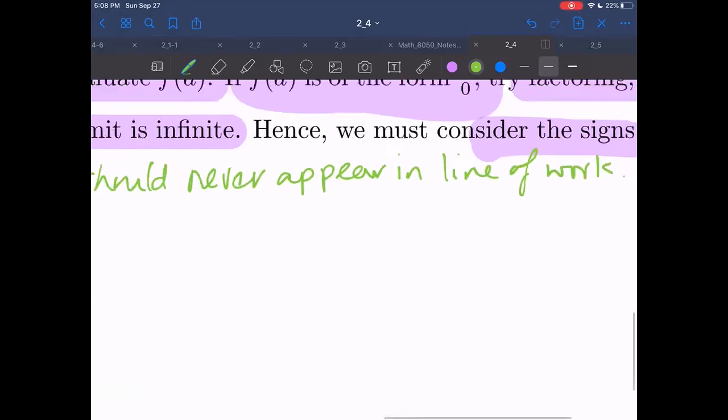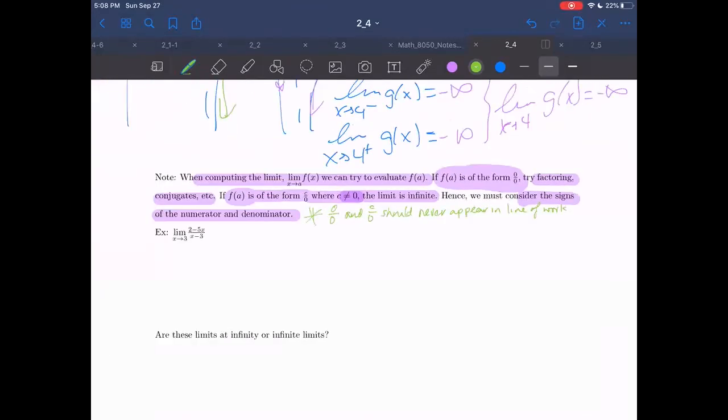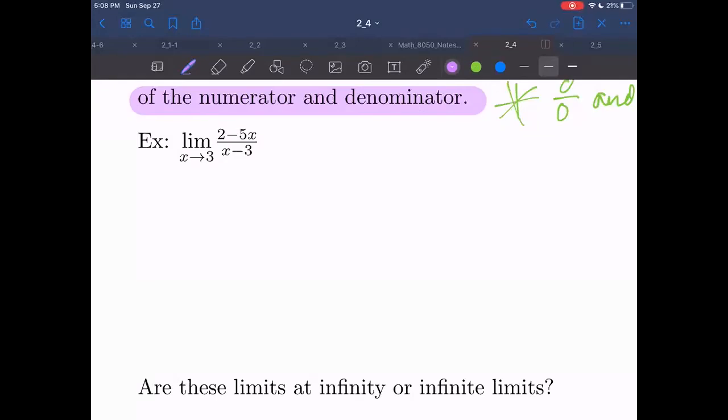So if you're writing that this limit equals this, which equals this, you should never have the limit equal 0 over 0 or c over 0, because you can't mathematically have those. Those are just forms that we use to classify our different techniques.